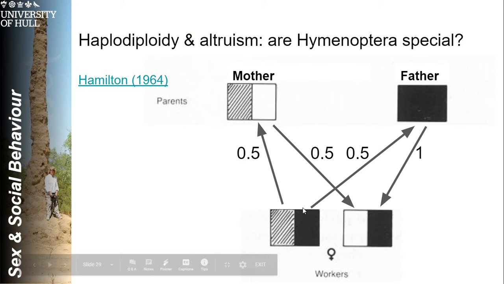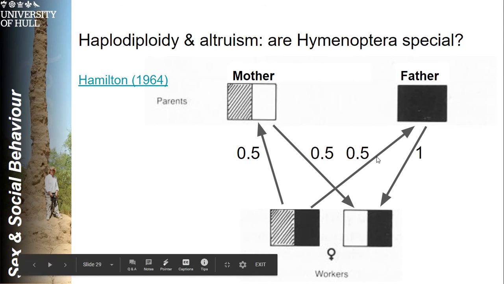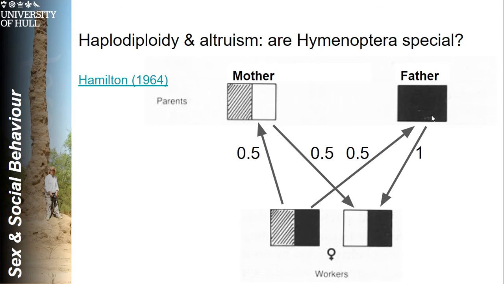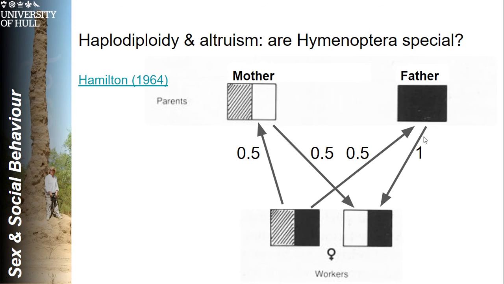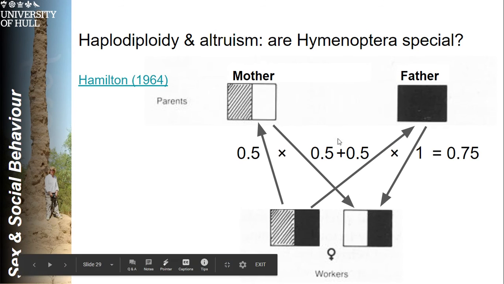But then that given sister is 0.5 related to her father, but her father only has one set of alleles to give any potential daughter. So her father is 100% related to all his daughters. If you do the maths and add that up, 0.5 multiplied by 0.5 plus 0.5 times 1 is 0.75.